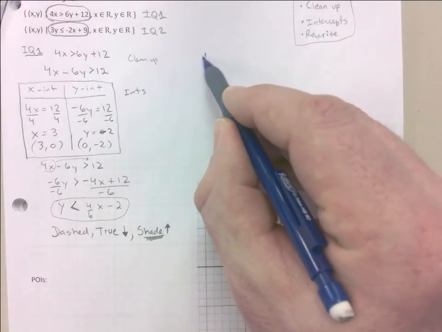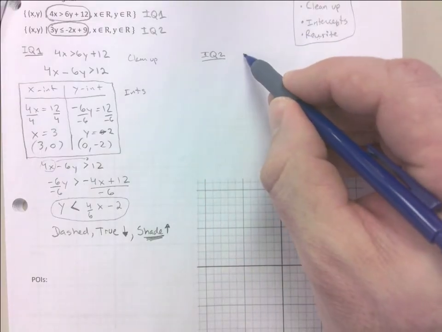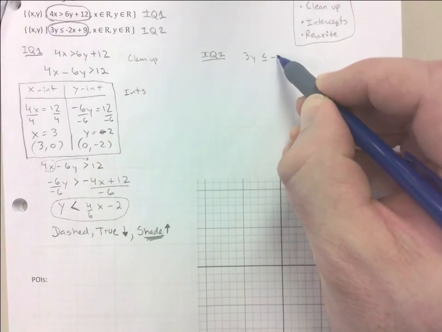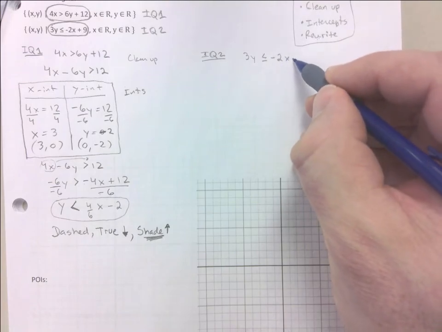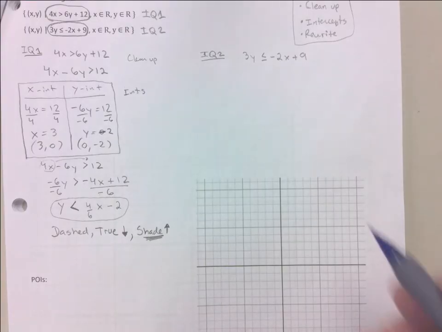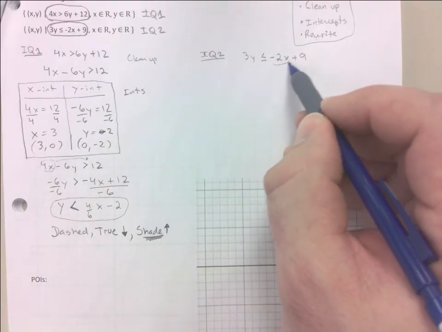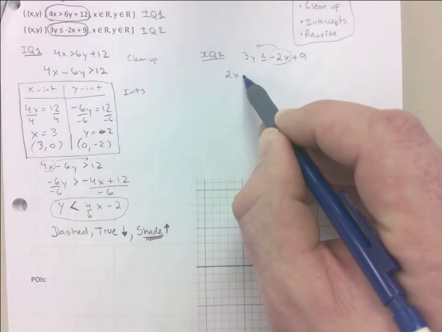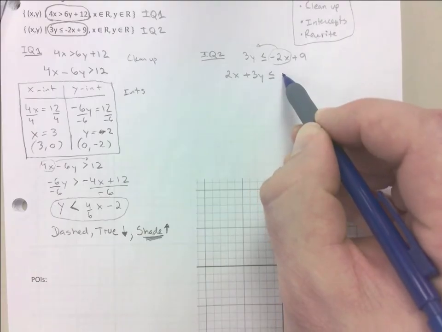Here, inequality number 2. That one is 3y less than or equal to negative 2x plus 9. Let's clean it up. Meaning, I want the x and the y on the other side. So that's 2x plus 3y is less than or equal to 9.